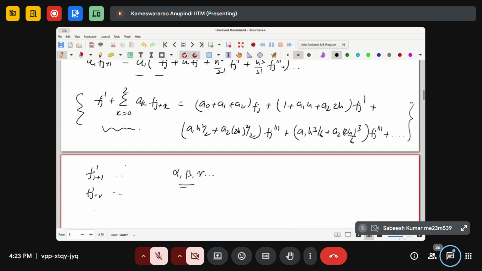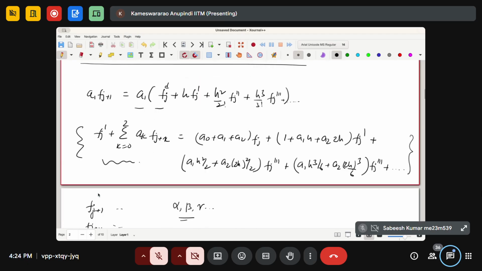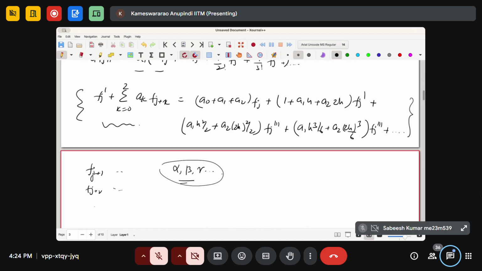Essentially we were expanding Fj plus 1, Fj plus 2, and so on, using alpha, beta, gamma to make a linear combination of Fj plus 1, beta times Fj plus 2, plus gamma times Fj and so on. And then we were obtaining an equation. So that equation is essentially a modified version of this equation, right? What we are seeing here. But we are able to get to this much more quickly than what we have done before.